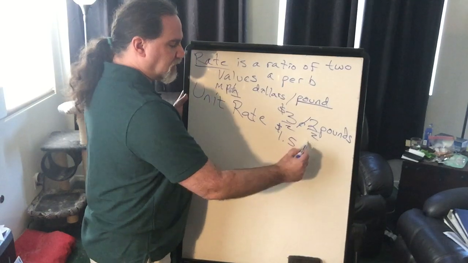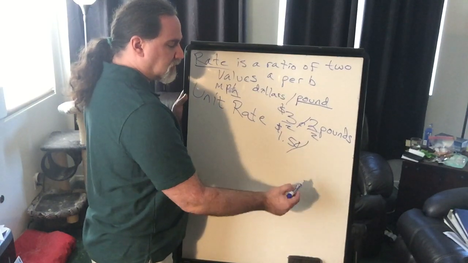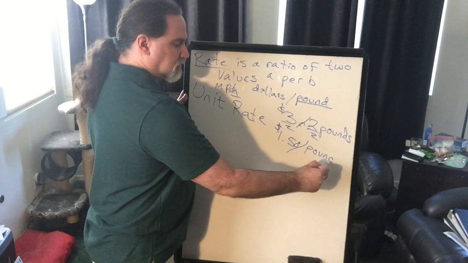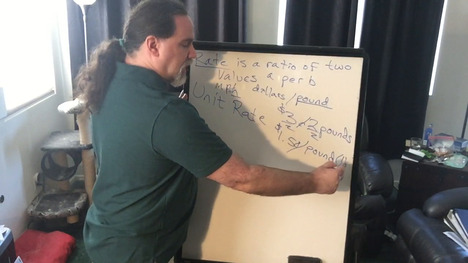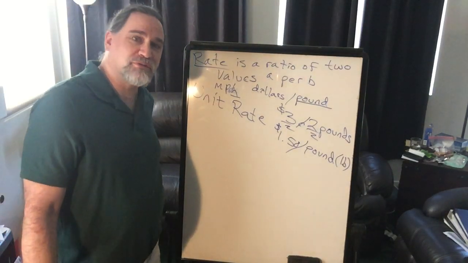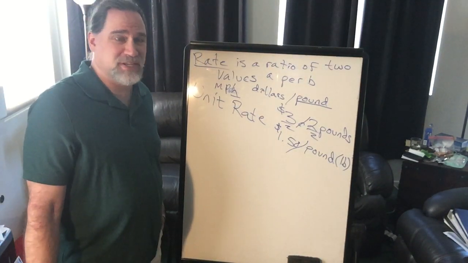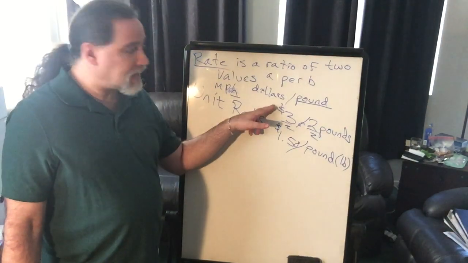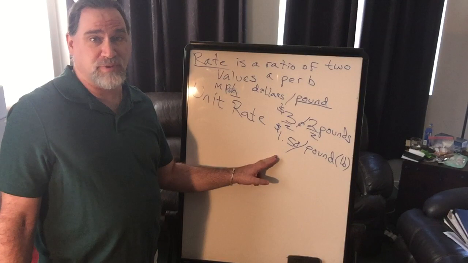So this would be $1.50 for 1 pound. And we abbreviate pound LB. It's from Latin. Don't worry about it so much. It just is what it is. So this is a rate, and this is a unit rate.